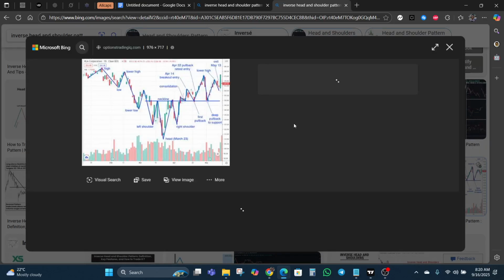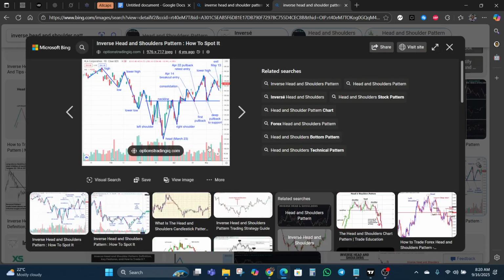So you need to first of all identify the pattern on your chart clearly. You want to see a clear left shoulder, you want to see a clear head. In this case, this is our left shoulder, this is our head, and this is our right shoulder, forming in a downtrend.